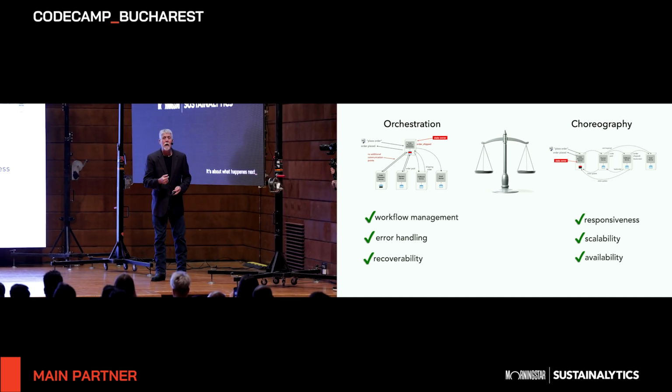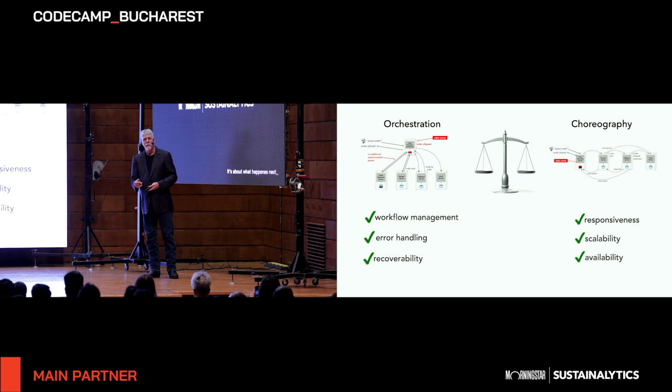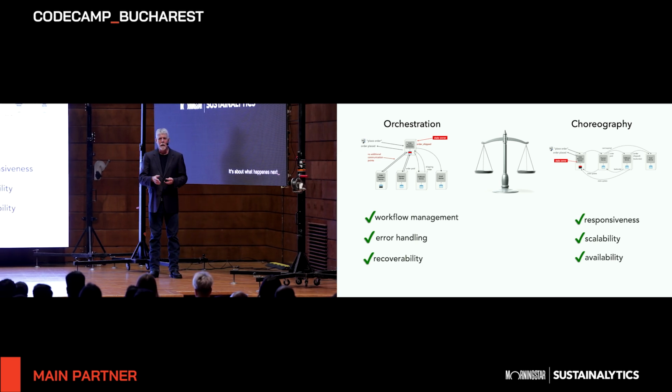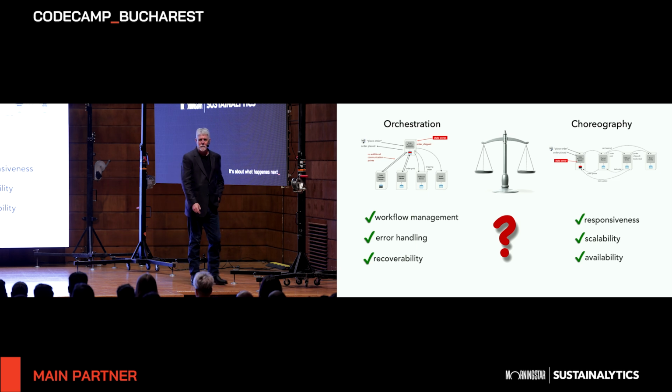Things like responsiveness, availability, scalability, which we don't have in orchestration. Again, once we boil down the trade-offs, now we can ask, which one's important for the situation that we're in? And this helps simplify these kinds of decisions, this kind of complexity.